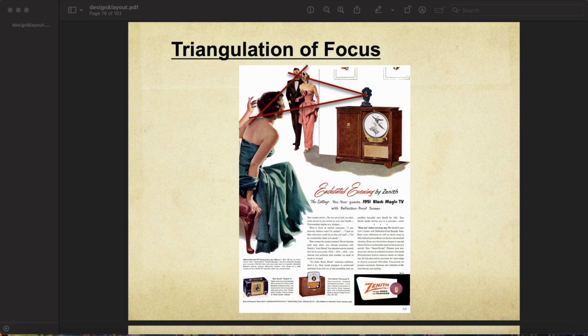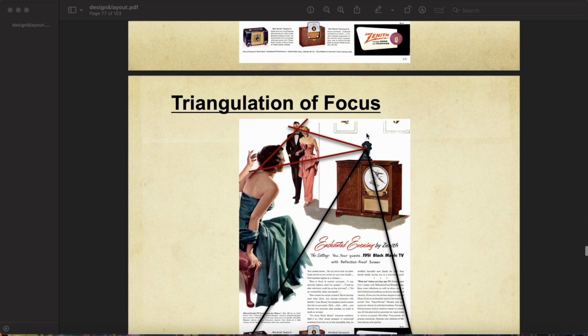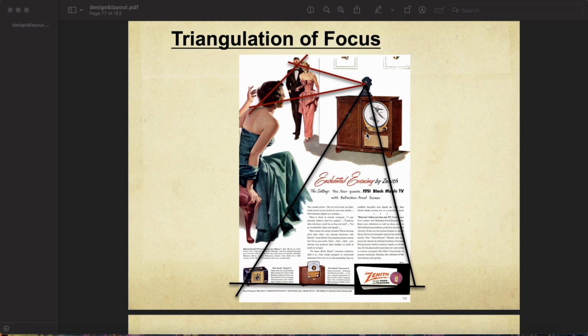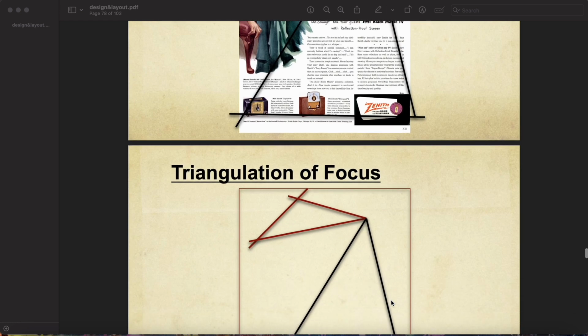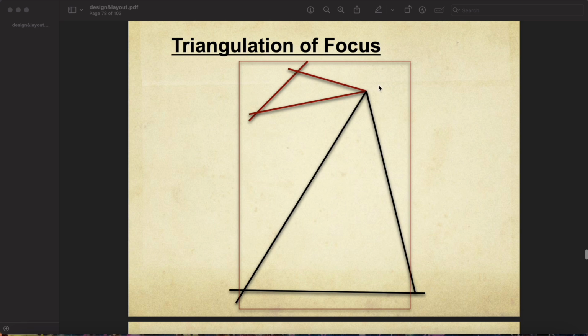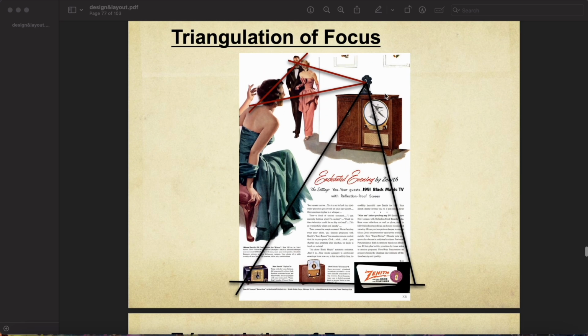So we've got these eyes, the couple, and then we have the model sitting on the chair, and then we have the eyes of the bust on the old school TV. And then we've got two triangulations of focus in this particular image as well. We've got the first one that we talked about, and then with the bust, it's triangulating down to these products that Zenith is selling. And that's just the skeleton of this.